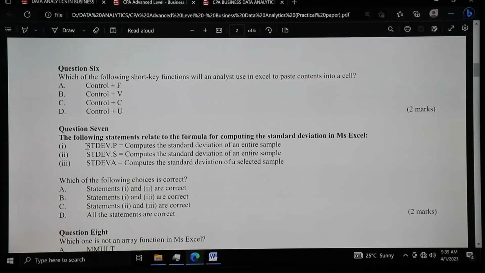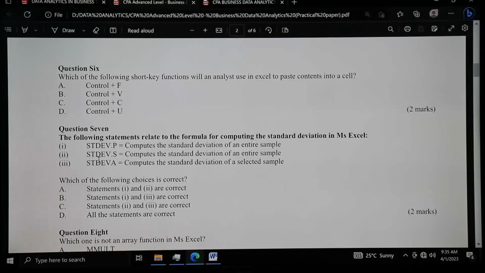Then again, we are given another question about functions. Here we are told the following statements relate to the formula for computing the standard deviation in Microsoft Excel. When you are computing standard deviation, most of these functions come with a letter at the end. So STDEV.P computes the standard deviation of the entire population.